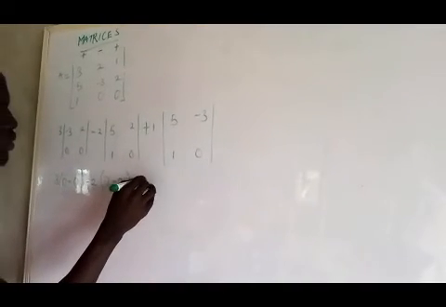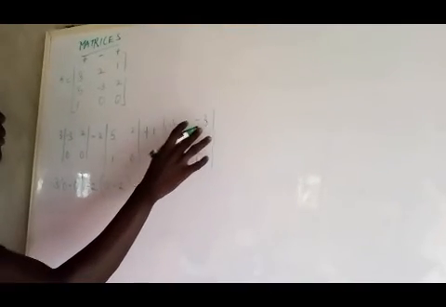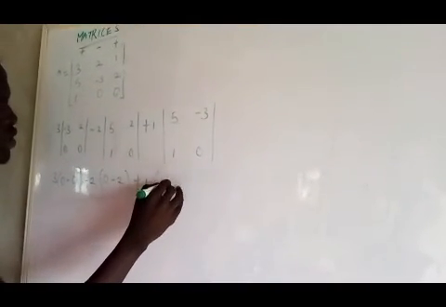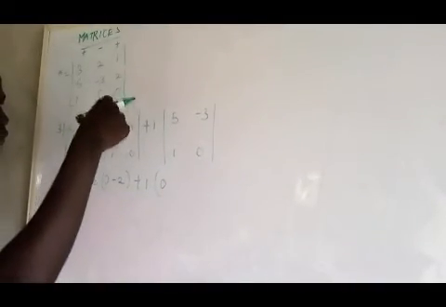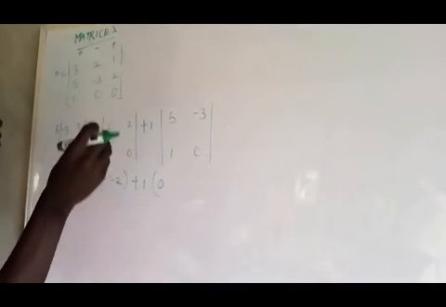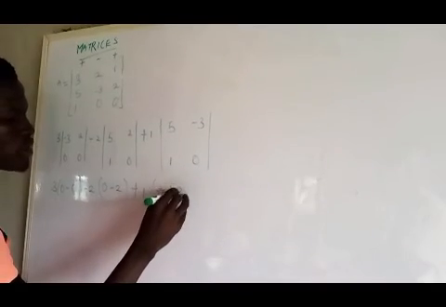Then plus 1. 5 times 0 is 0. Minus 1 times 3 is minus 3. Then multiply by the minus in the determinant formula, ad minus bc. You know, minus is there. So minus 3 times that minus will give us plus 3.